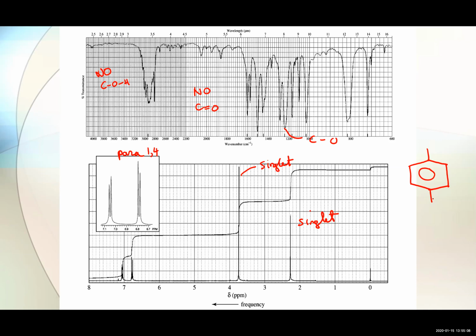In this case, I know based on this pattern that I have two substituents. And you notice this integration pattern, this is 2 and 2. That also tells you that it's para substituted, because there's two hydrogens that are the same as each other, and I'll explain that in a second on the structure, and then two hydrogens that are the same as each other. They're neighbors, coupling with each other.